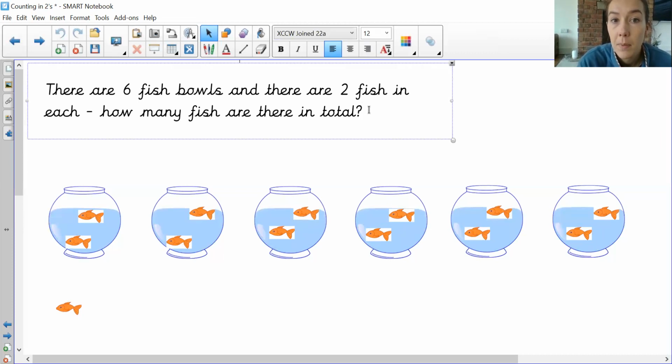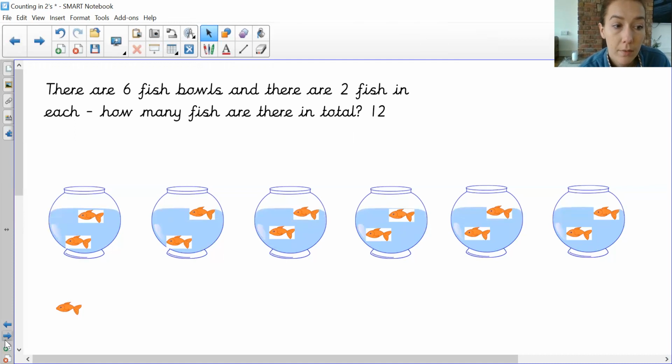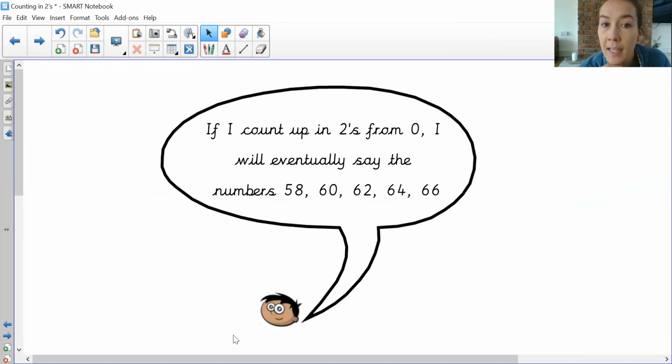If you are a superstar times tabler, you could have done really simply 6 lots of 2 or 2 lots of 6 to get the answer really speedily. So it's 12.